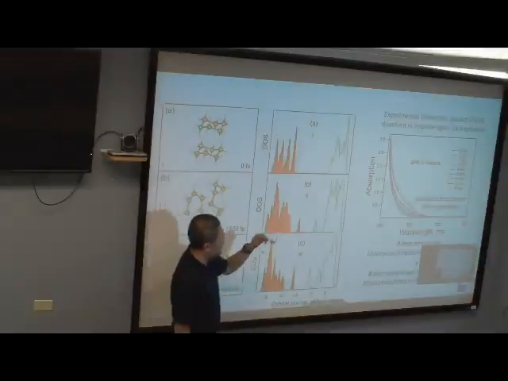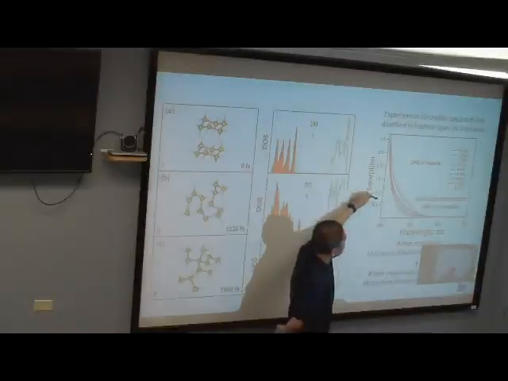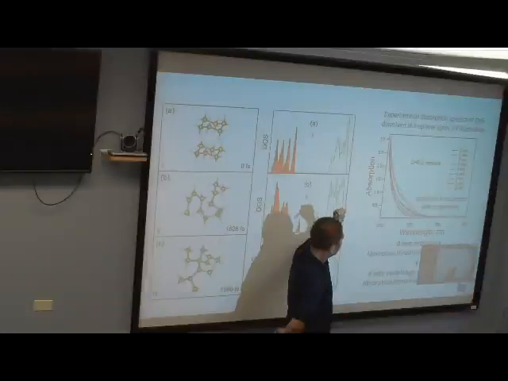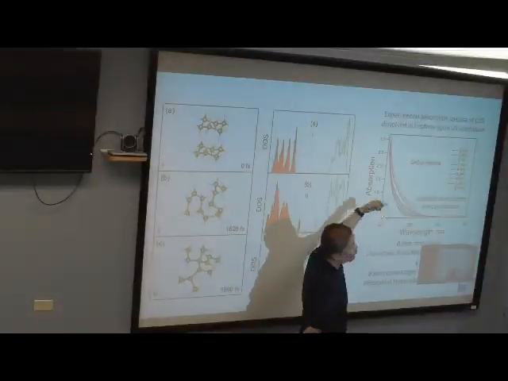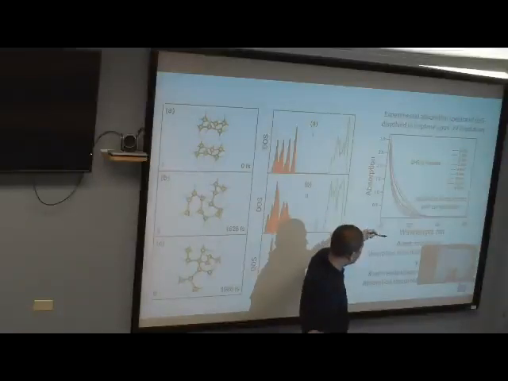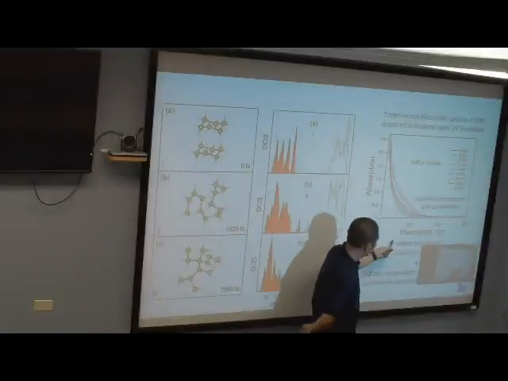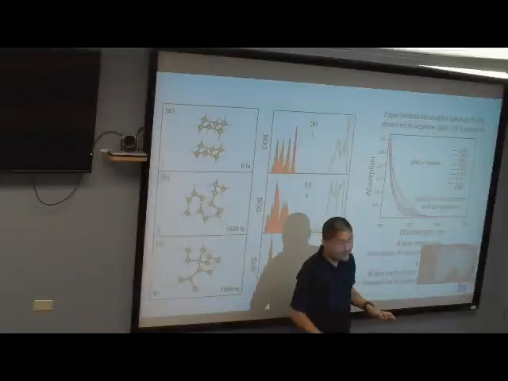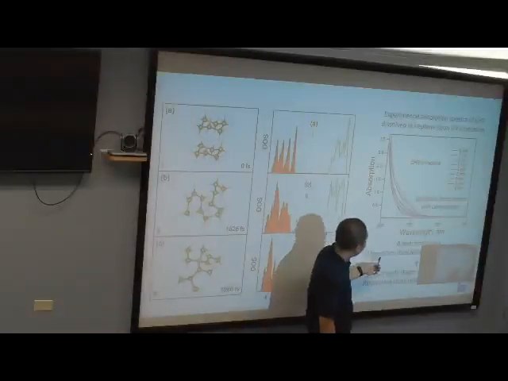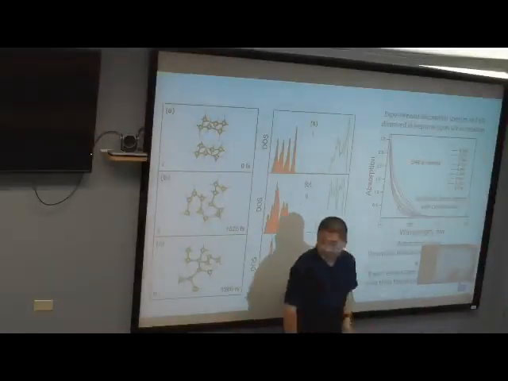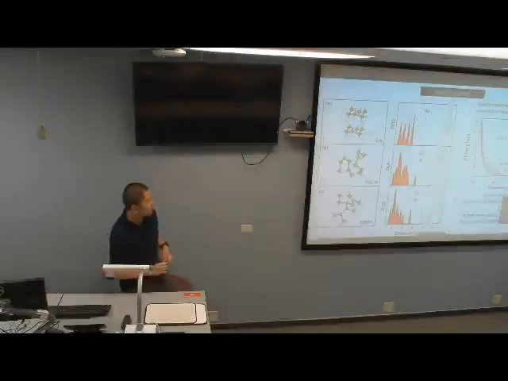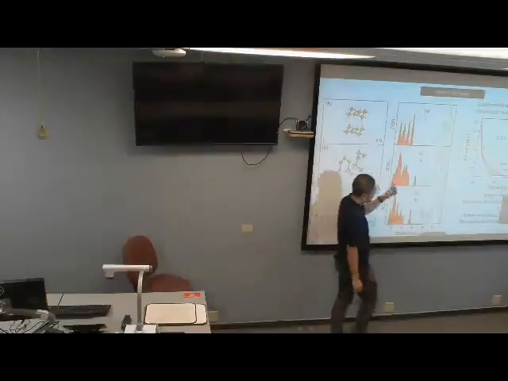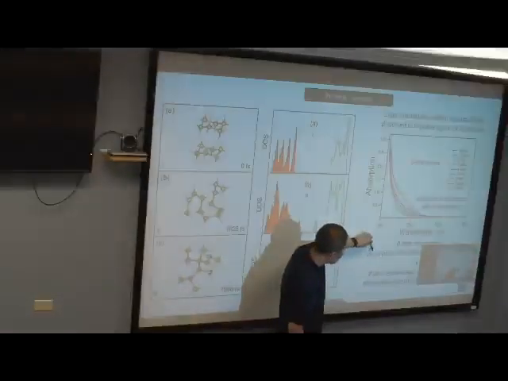Here I show the experimental absorption spectra as a function of UV irradiation time. At 0 minutes, there is no UV, and we can find the band gap for the monomer is about 5 electronvolts.